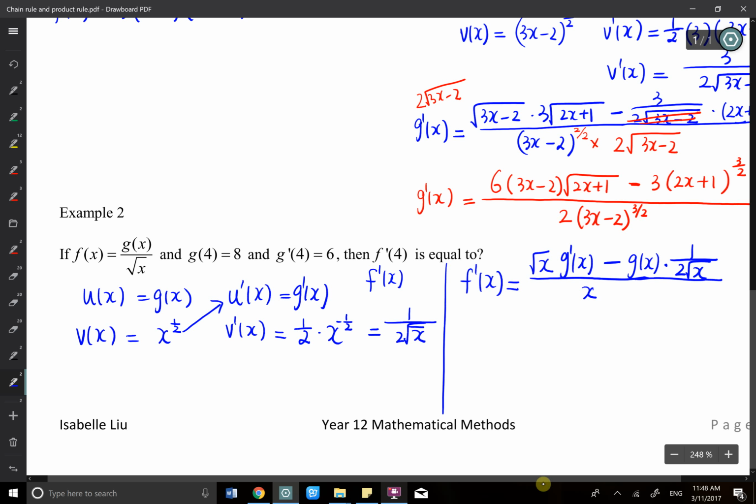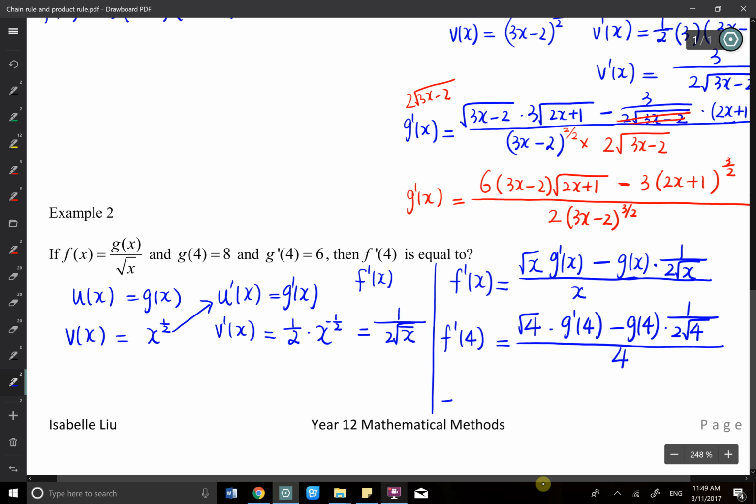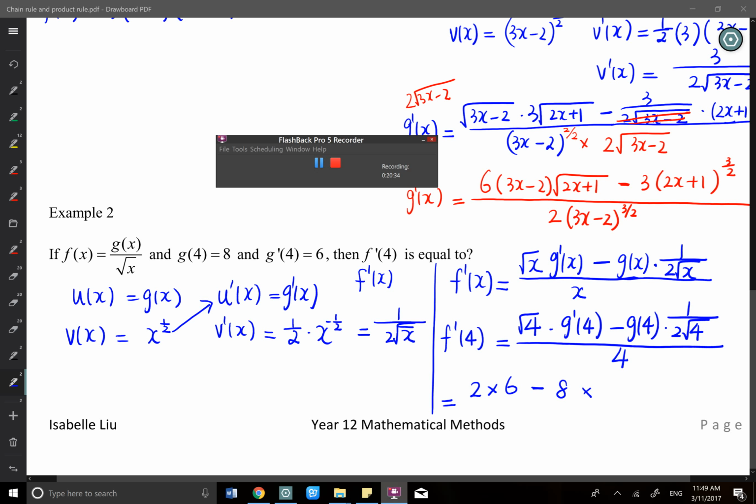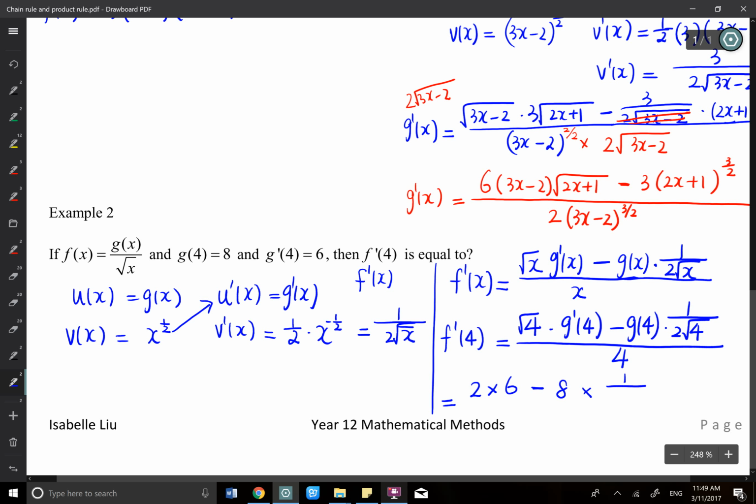Now you want to evaluate f'(4). So f'(4) is square root 4 times g'(4) minus g(4) times 1 over 2 square root 4. All the x become 4 and then over 4. So that equals 2 times g'(4) is 6, minus g(4) is 8 times 1 over 4, and then over a 4 here.